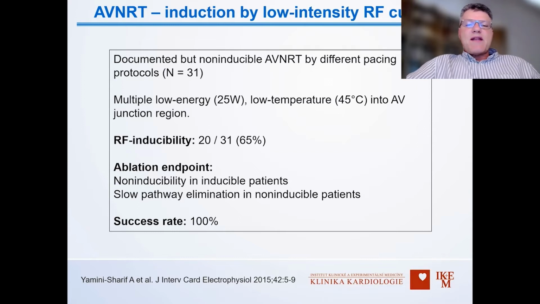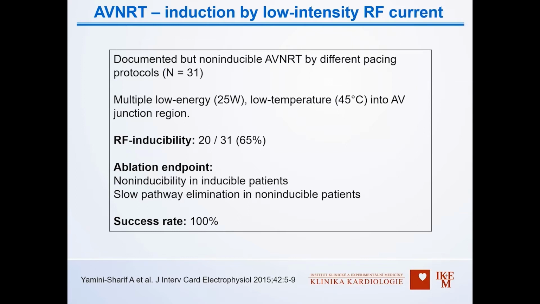Sometimes AVNRT cannot be induced despite a very suggestive clinical diagnosis. One study suggested AVNRT induction by low intensity RF current. This study included 31 cases with AVNRT and non-inducibility after a reasonable number of attempts.